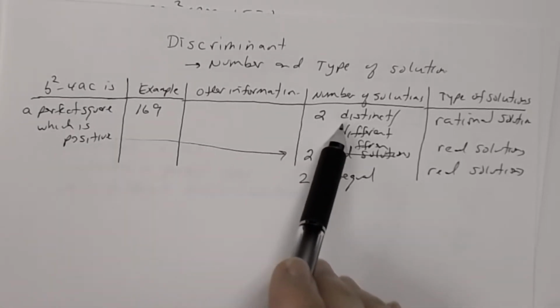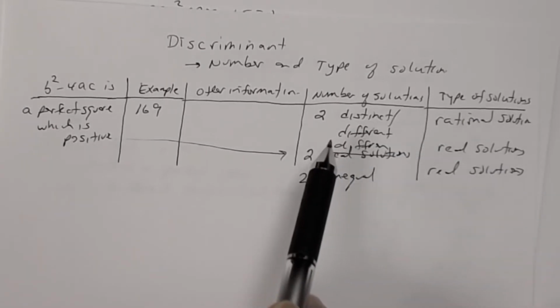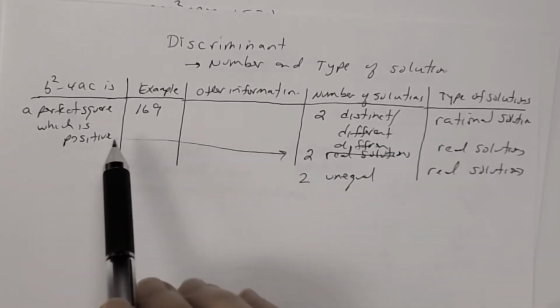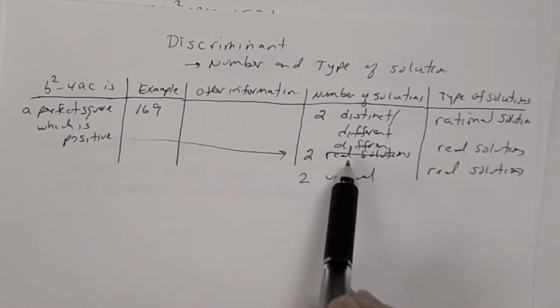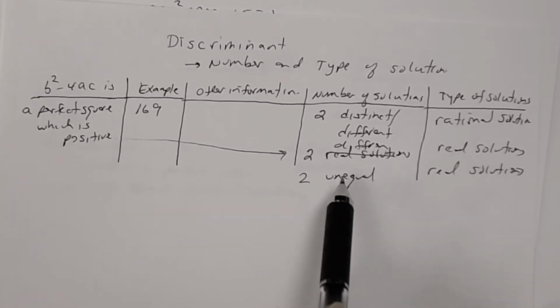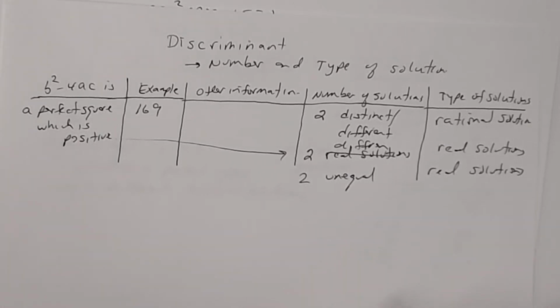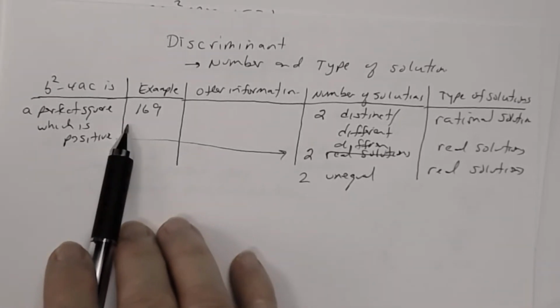If it's a perfect square, you're going to end up with two different or two distinct rational solutions. Since it's positive as well, you can also say it's two different real solutions or two unequal real solutions. That's what we get if the discriminant is a perfect square.